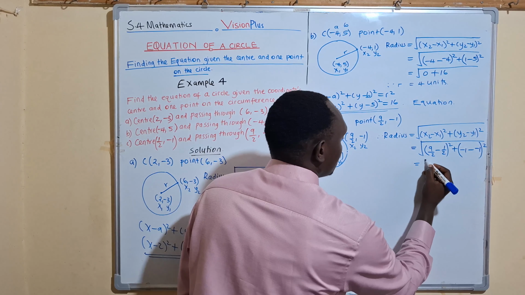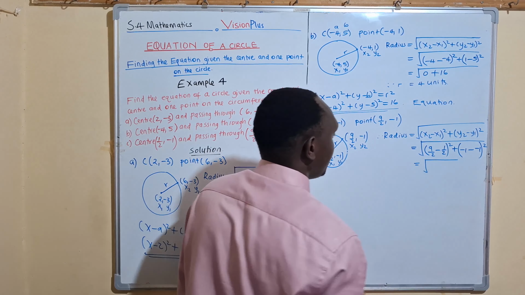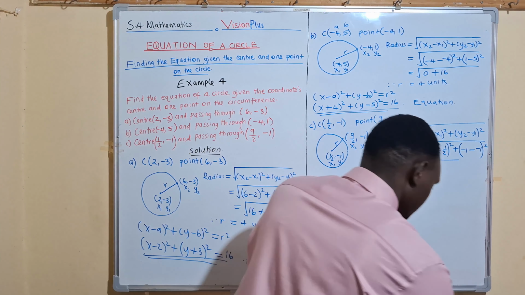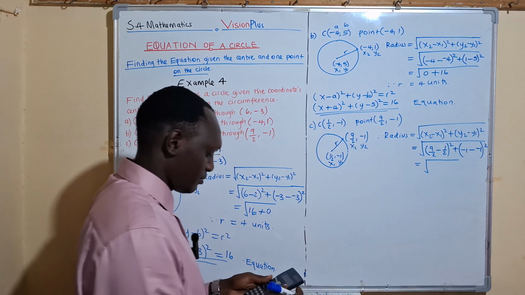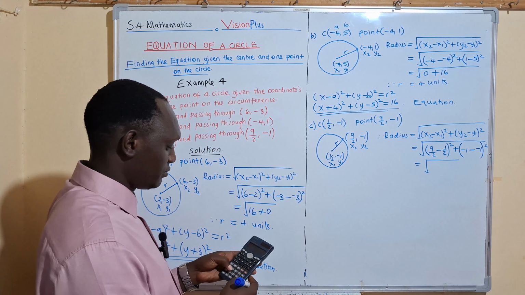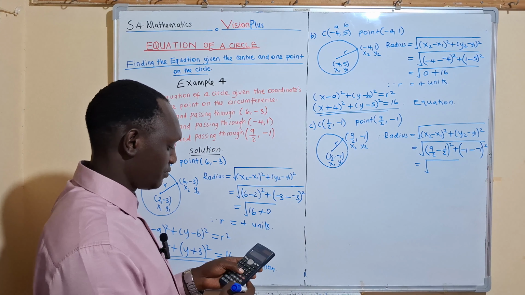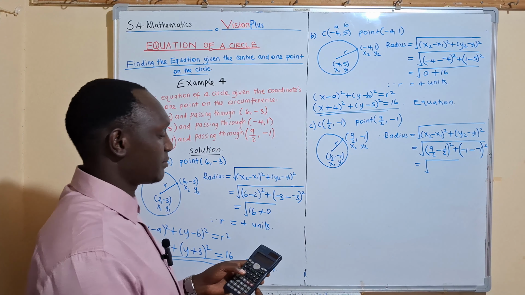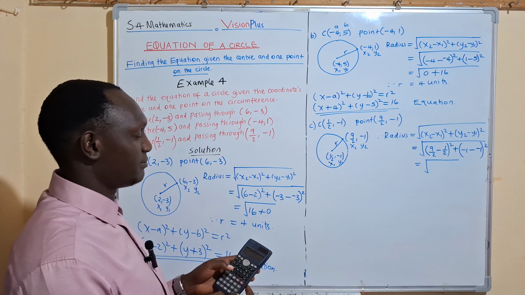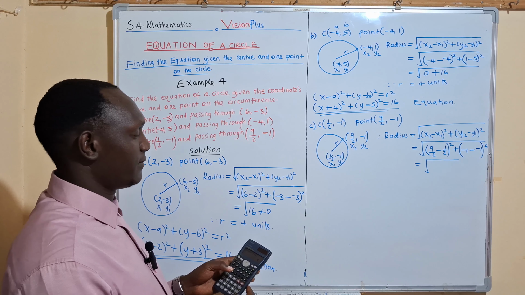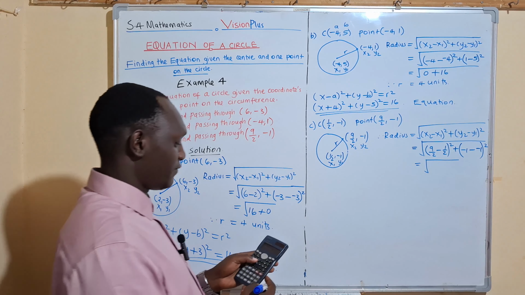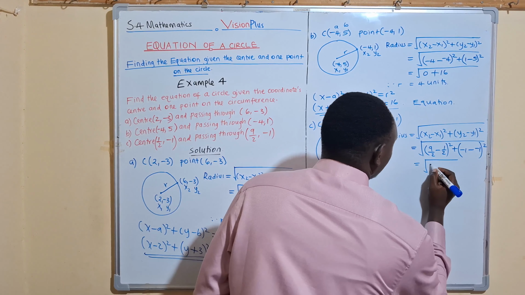Then you proceed. What is 9 over 2 minus a half? It is simply 9, because 9 divided by 2 minus 1 divided by 2 is, I'm getting 4. It is not 9, please. It is 4. Yes. 4 squared is 16.